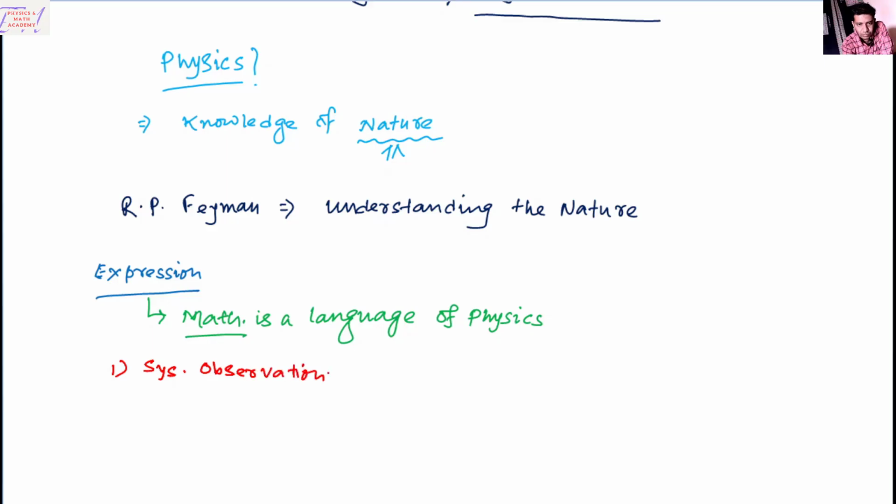Then you do a controlled experiment. The experiment must be controlled. And then thinking over it, that is your reasoning ability.